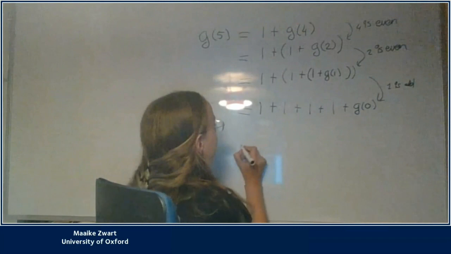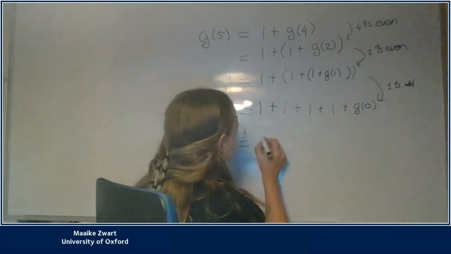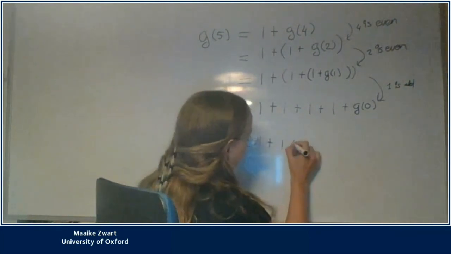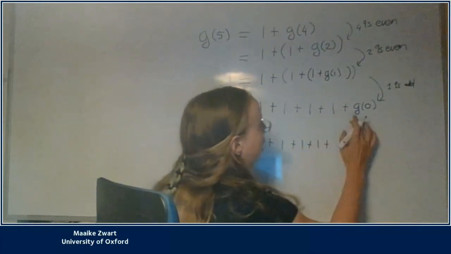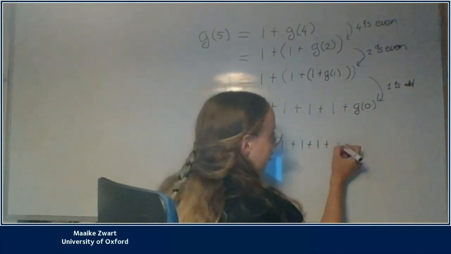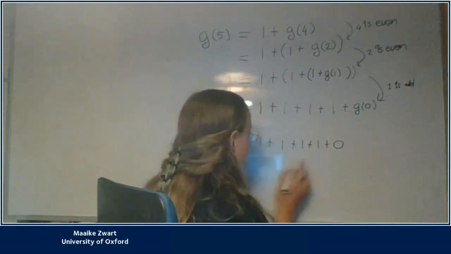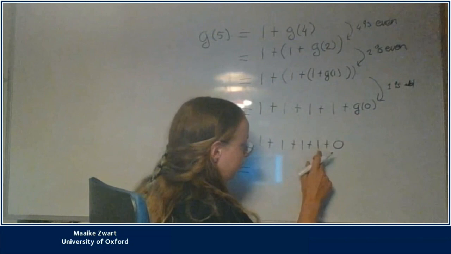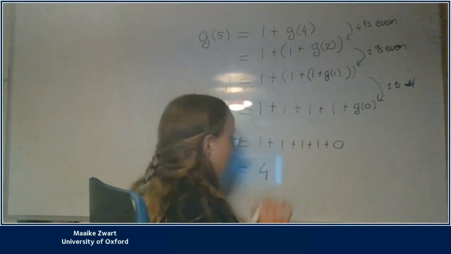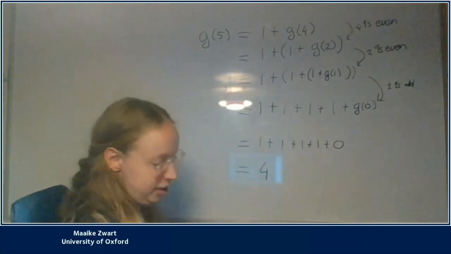And now g0 is given. This is 1 plus 1 plus 1 plus 1 plus. g of 0 is 0 in this case. And then I can compute the whole sum, which is 1, 2, 3, 4. Well, if I haven't made any mistakes.